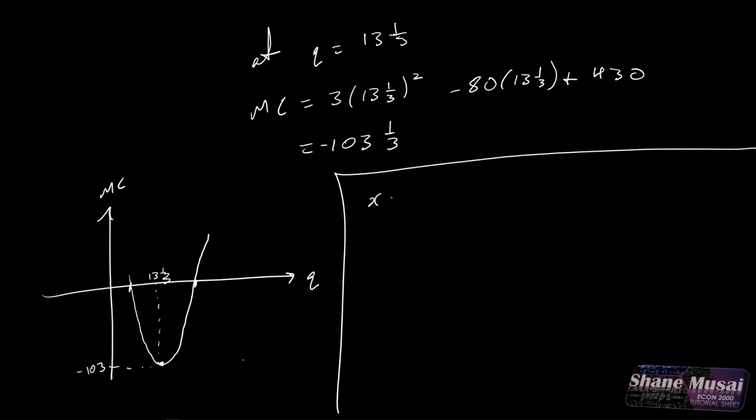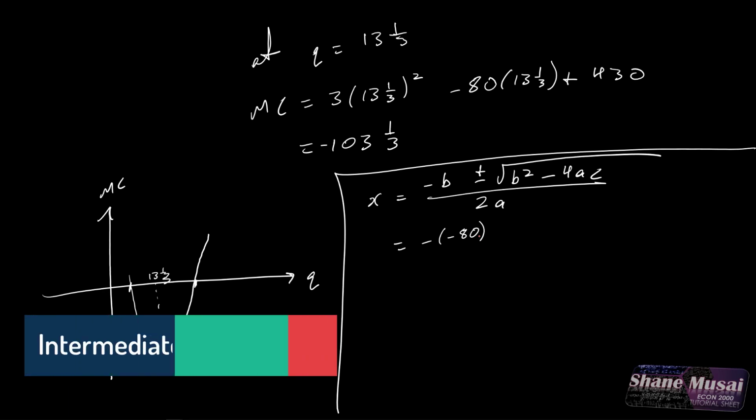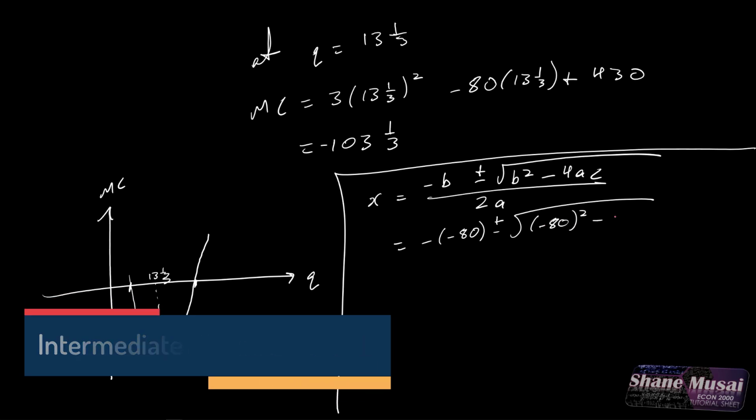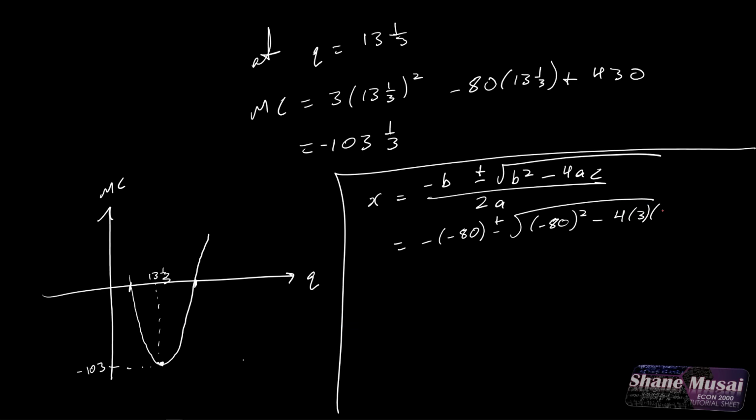The quadratic formula says x, well in this case it's q, is equal to minus b plus or minus the square root of b squared minus 4ac, divided by 2a. If we enter those values, it would be negative minus 80, because b is minus 80, plus or minus the square root of negative 80 squared minus 4 times 3 times c, which is 430, and divide that whole thing by 2 times 3.